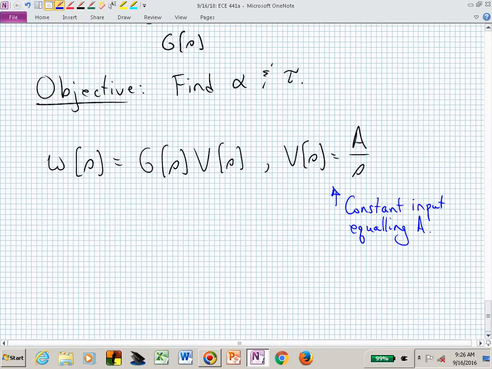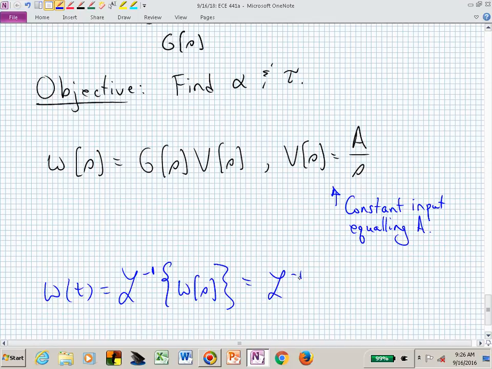We can now inverse Laplace transform that to find little omega of t. Omega of t is the inverse Laplace transform of omega of s, which is the inverse Laplace transform of G of s, and G was alpha over tau s plus 1, times U, which was A over s.